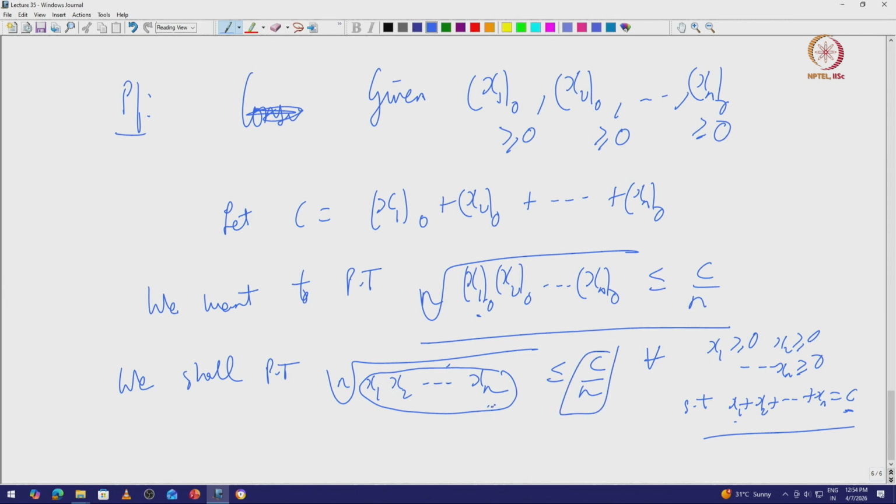So we will maximize this subject to this constraint.